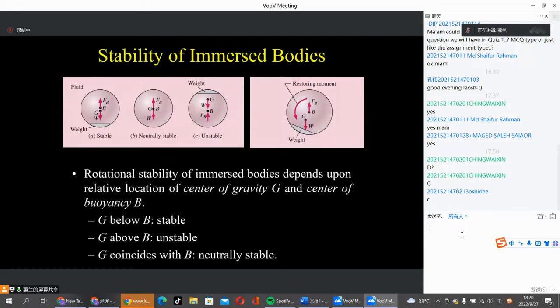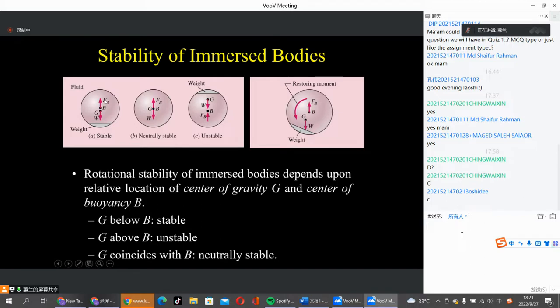Another very important thing is the stability of immersed bodies. Just like here, we know the weight and the fluid. For the weight, it passes through the centroid of the body, and the buoyancy passes through the center of its displaced volume.